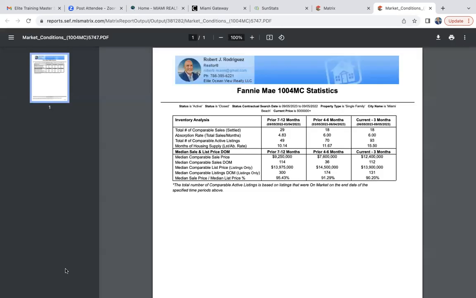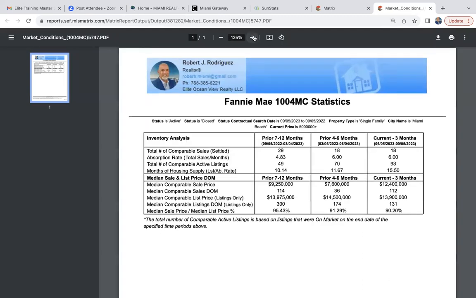All right, so how is the market for properties that are over $5 million? Well, we are currently at a 15.5-month inventory. All right, that's up from 10 months, right? We had 10 months in the first 6 months of our study, up to 11.5 months, and now up to 15.5 months.